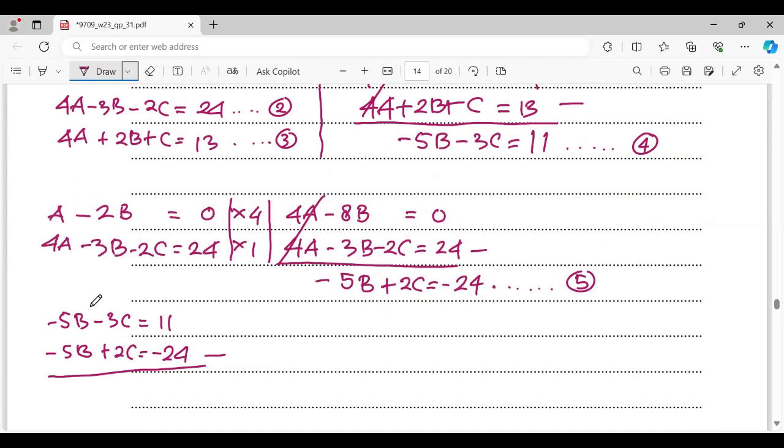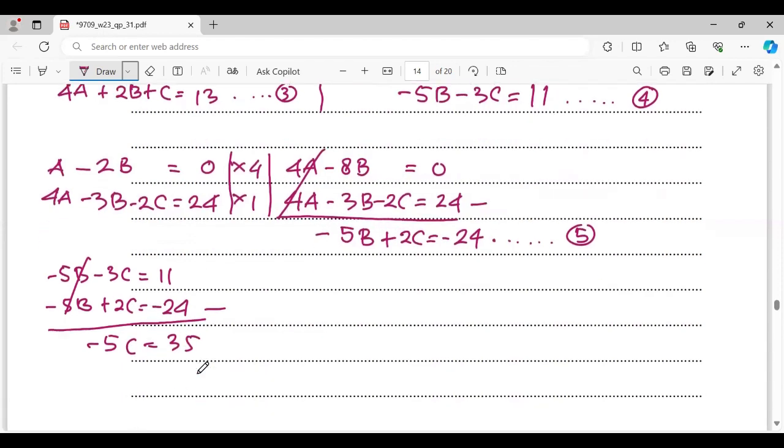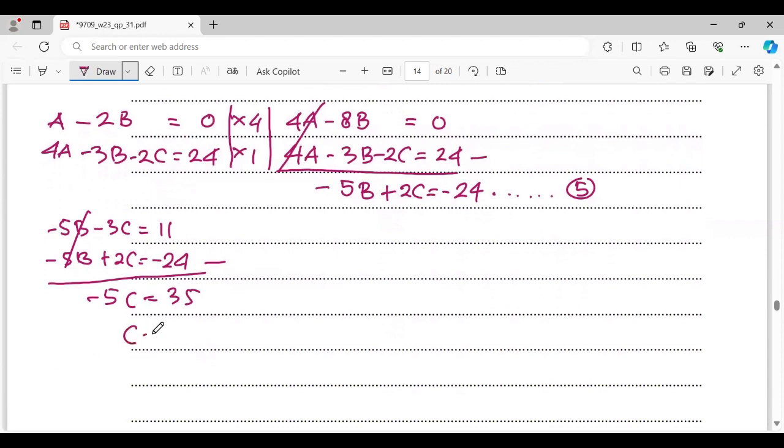Minus 5c equals 35. So c equals minus 7. So minus 5b minus 3c equals 11.